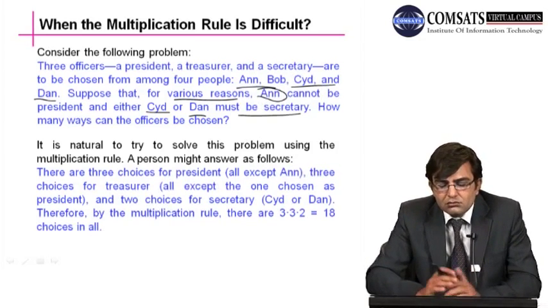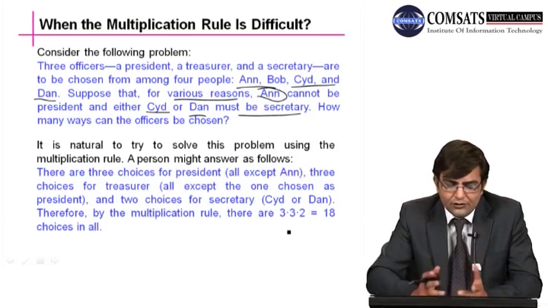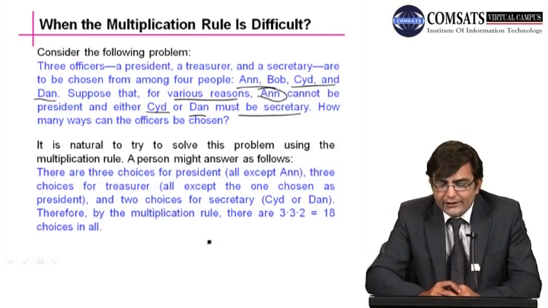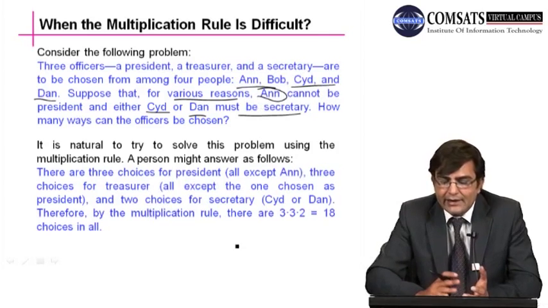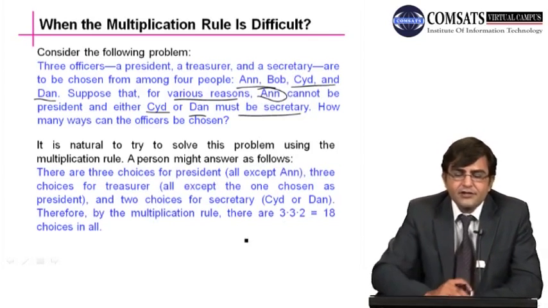So we have another condition: from Sid and Dan, one of these 2 people must be secretary. We cannot choose Anne and Bob as a secretary. So this is another additional condition in this problem. How many ways can the officers be chosen?